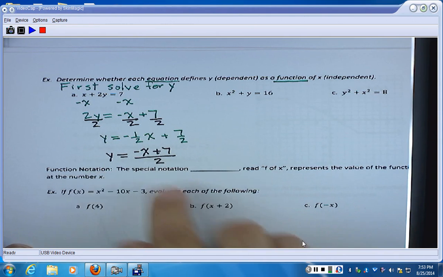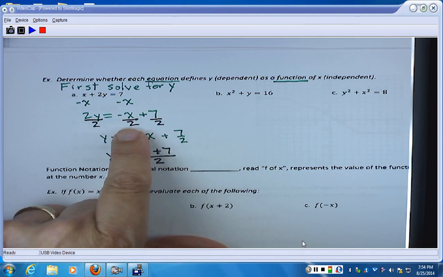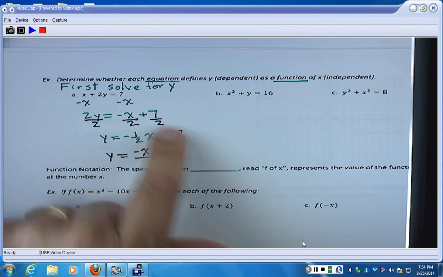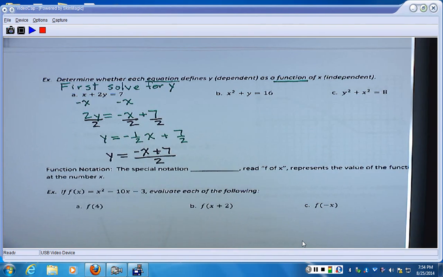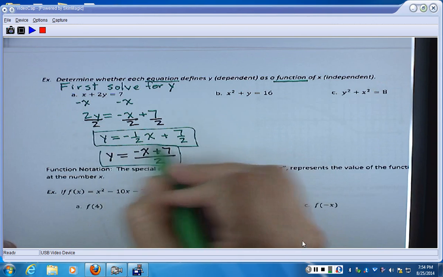This is acceptable too. I like it in slope-intercept form, but you could have divided the whole thing by 2. So you can separate and divide each term by 2, or you can divide the whole side by 2. You see? So those are the same answers. These are both correct, either this or this.